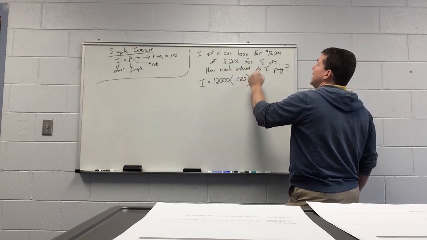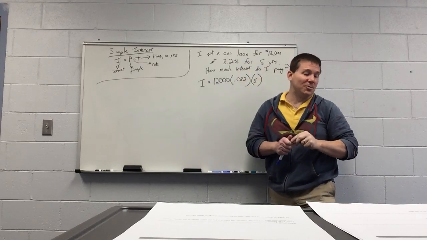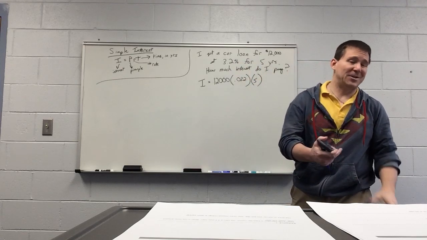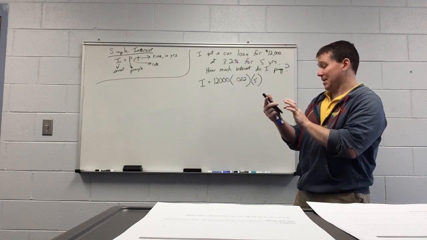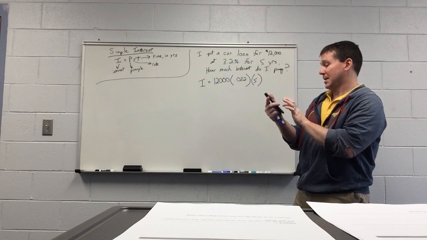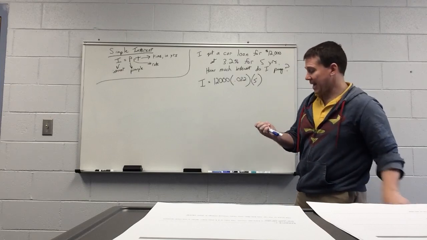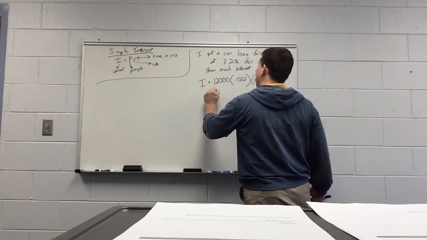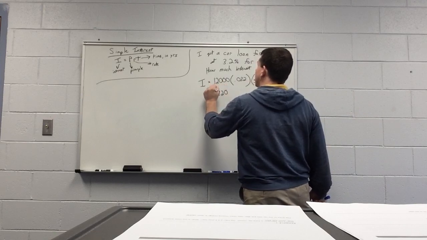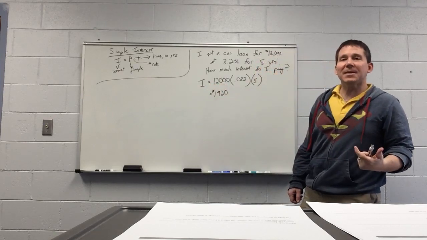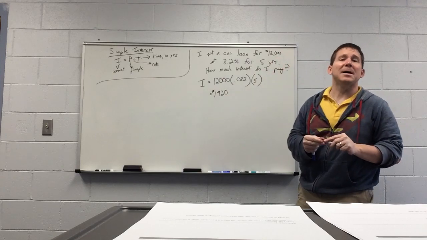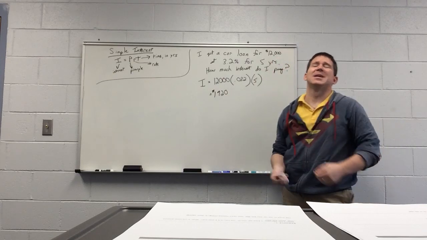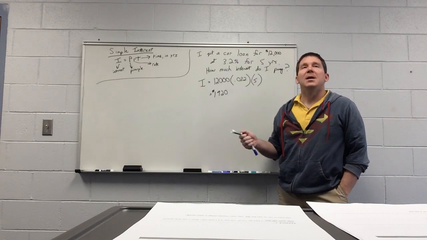T is time in years, and this is a 5-year loan. Now, just hit enter on your calculator. 12,000 times 0.032 times 5, and I get 1920. And I'm done. And if you think about it, it's a $12,000 loan, slightly less than $2,000 in interest over 5 years. Yeah, that seems plausible.